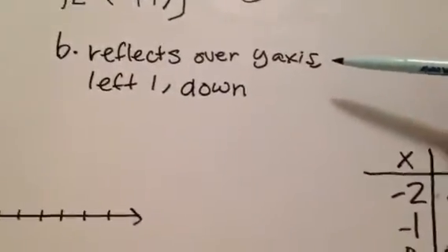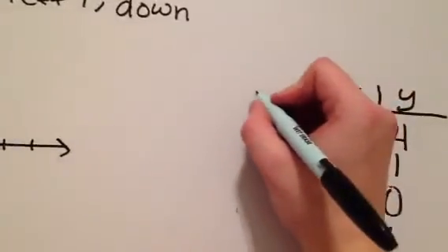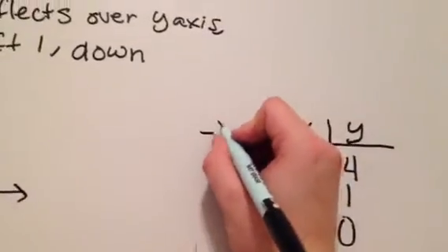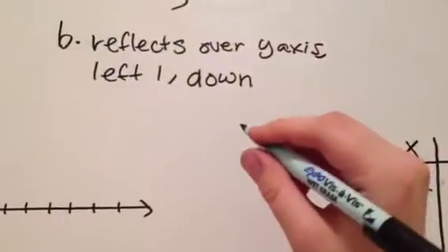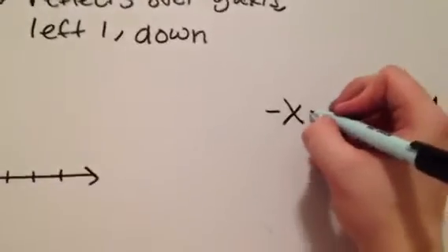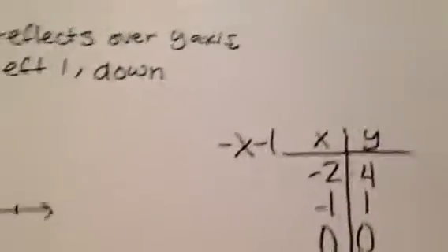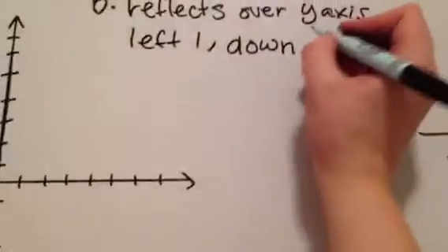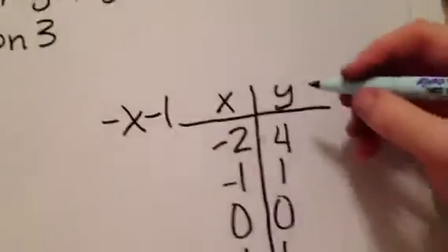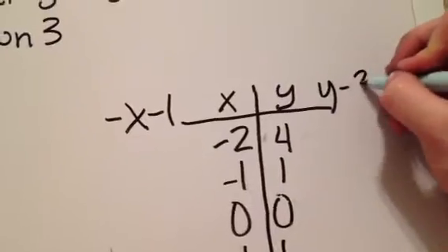And because it's reflected over the y-axis, that means that our x's are going to be negated. So it's negative x, and then to the left 1, so minus 1. And then our y's are going to be affected by going down 3. So y minus 3.